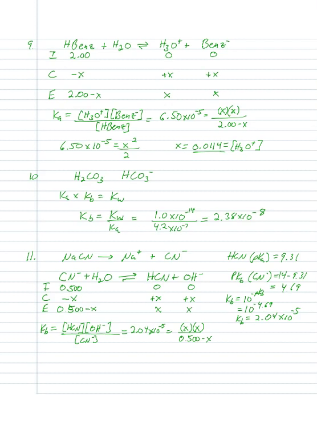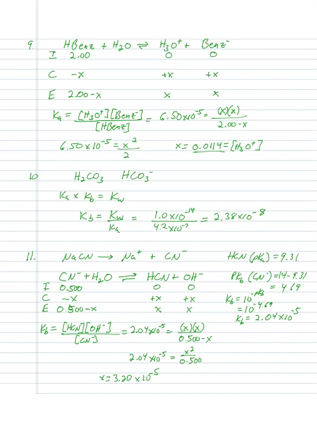We've got a fairly small Kb, so I'm pretty sure that X is going to be small enough that we don't have to worry about it when we subtract it from 0.5. And so that gives us 2.04 times 10 to the minus 5 is equal to x squared over 0.500. And when we solve that out, we get an x value that's equal to 3.20 times 10 to the minus 3.